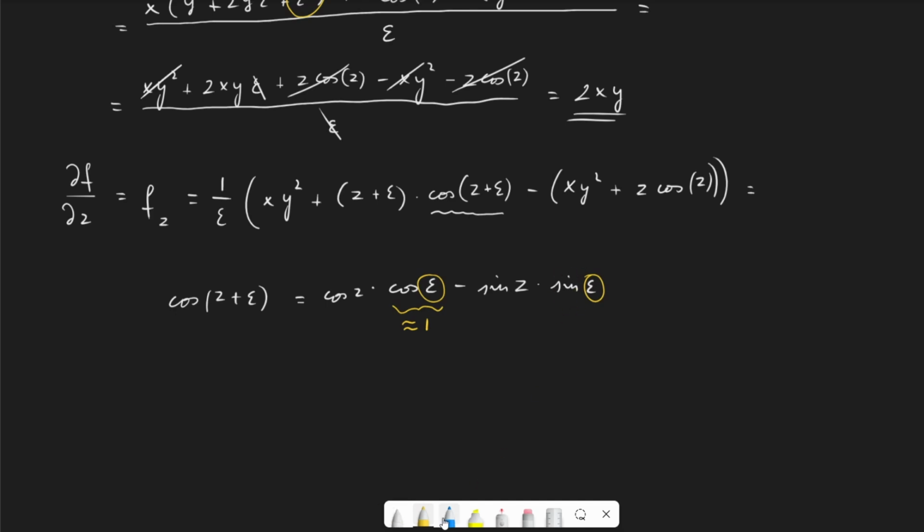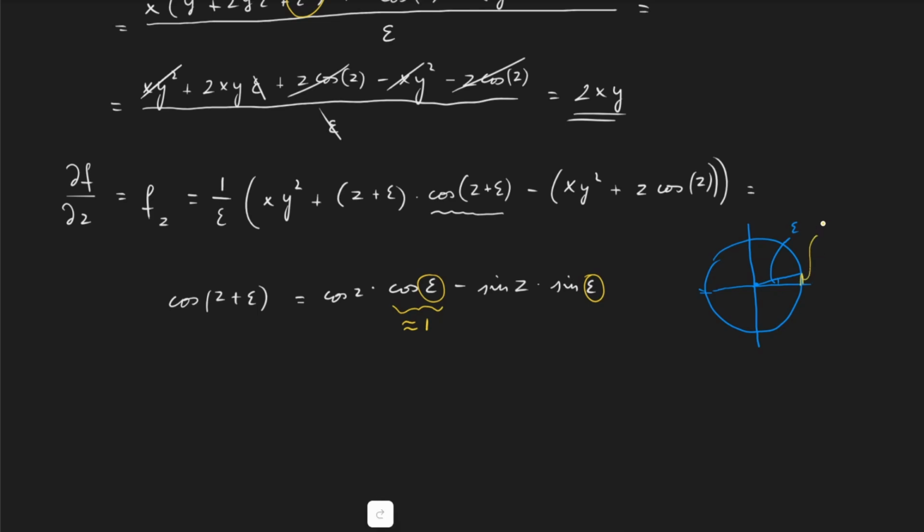For this, I will draw the unit circle, because this will help us approximate this term. So here is our unit circle, and we have a very little angle epsilon here. So this is epsilon, and this sine of epsilon is this side of the right triangle, but this can be approximated with this part of the circle.